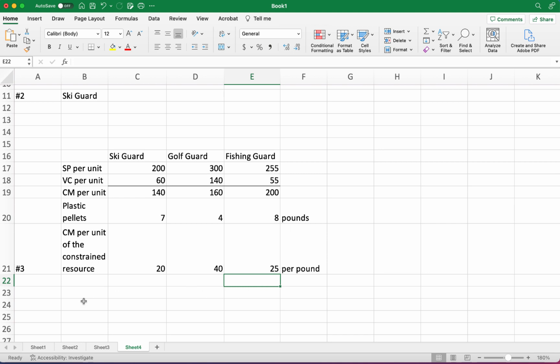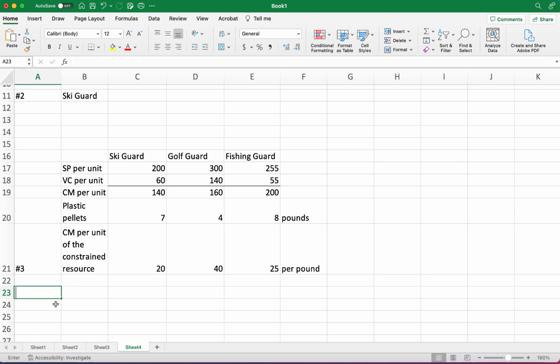So the answer to number 3 is ski guard provides a contribution margin per unit of the constrained resource of $20. The golf guard provides us a contribution margin per unit of the constrained resource of $40. And the fishing guard provides us with a contribution margin per unit of the constrained resource of $25.